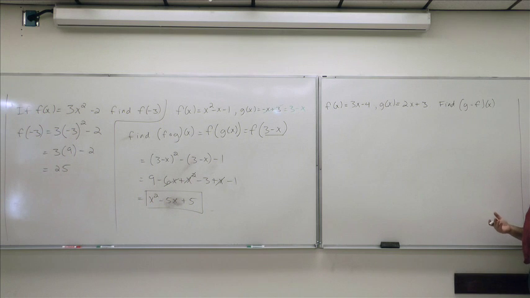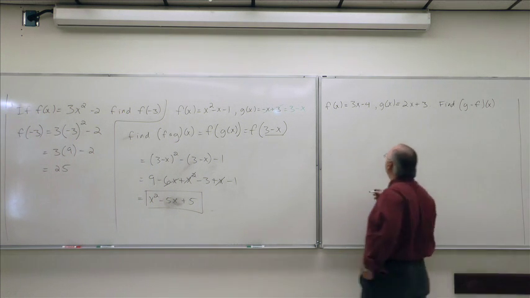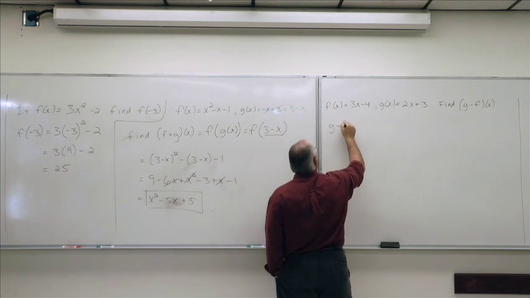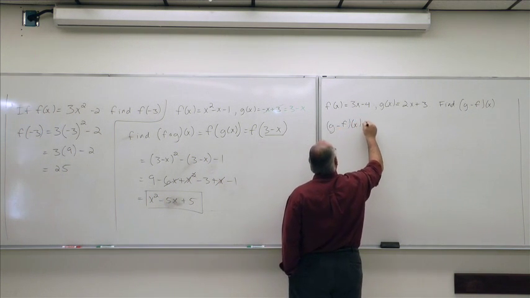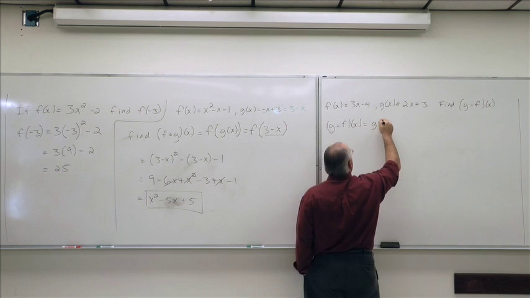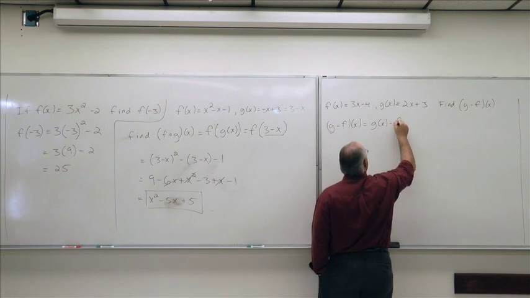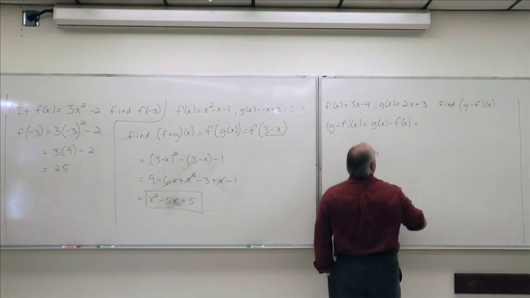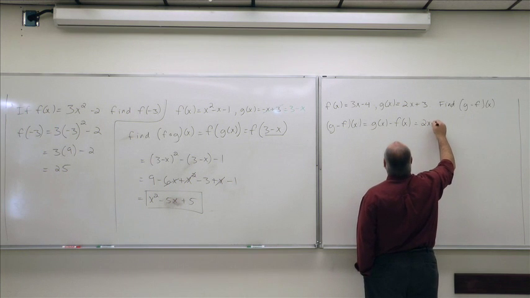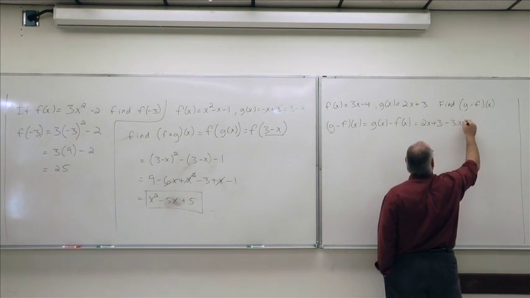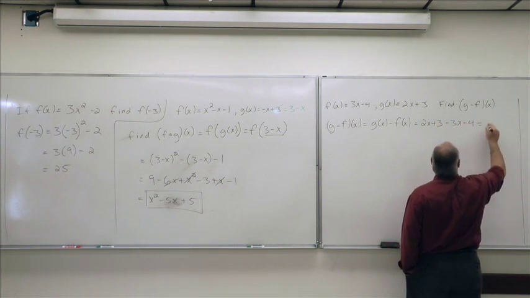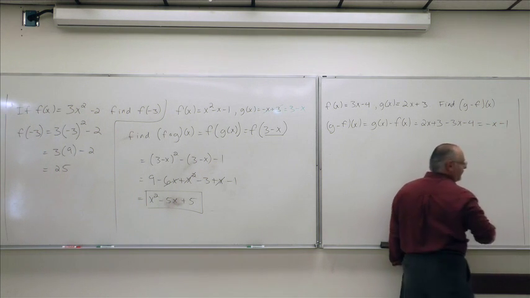Now this one's fairly simple. What are we going to do? Subtract g minus f. So g minus f of x is really just g of x minus f of x, which is 2x plus 3 minus 3x minus 4, which is going to be negative x minus 1.